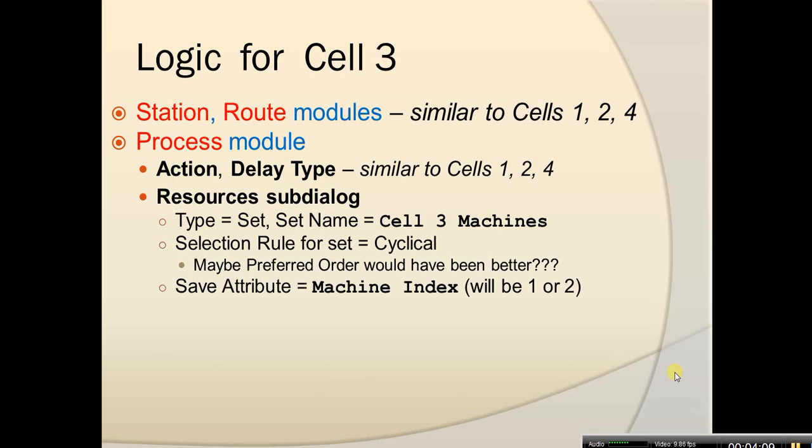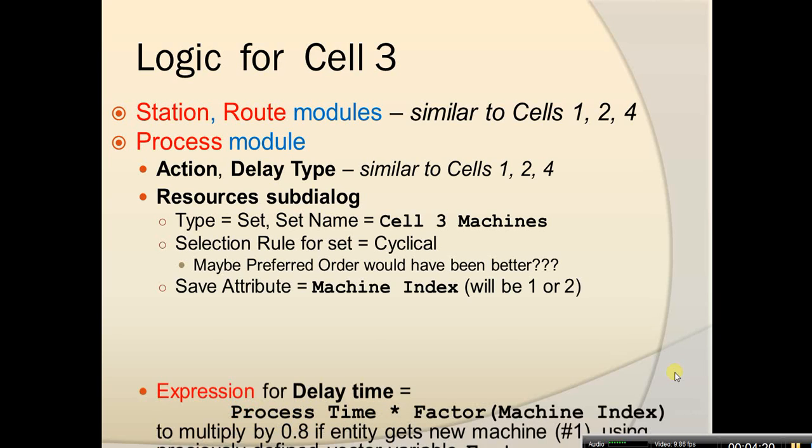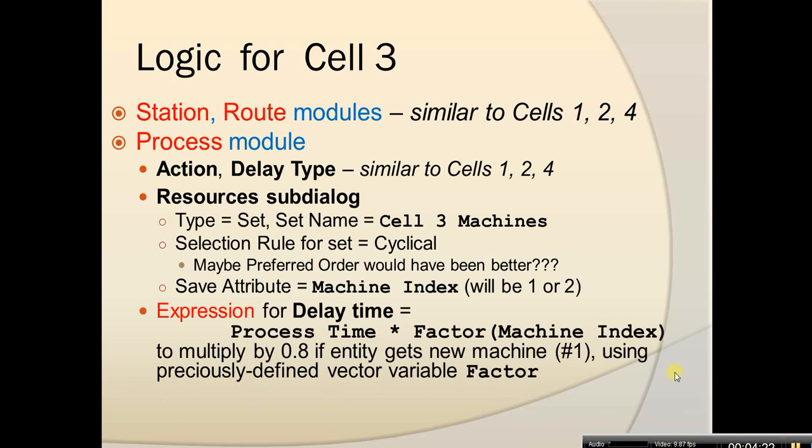Importantly, when we select the machine for the specific entity, we're going to save an attribute for that entity called machine index. The machine index will be either 1 or 2. Then we're going to have an expression for delay time, which will depend on this machine index.